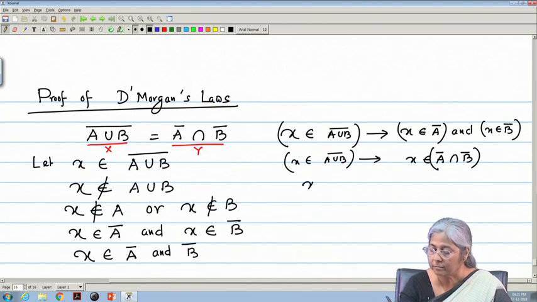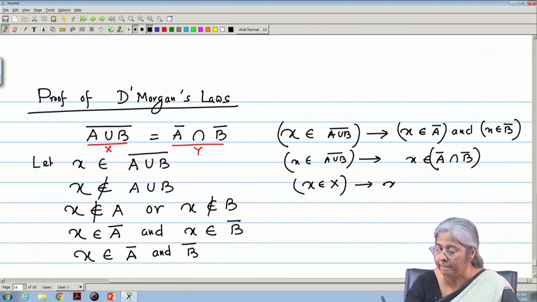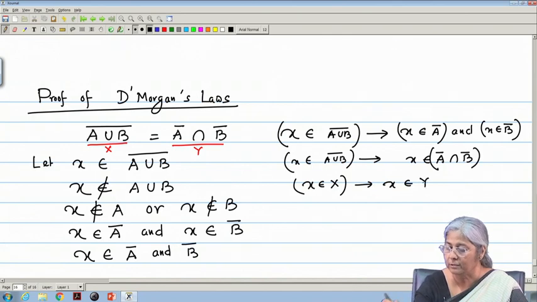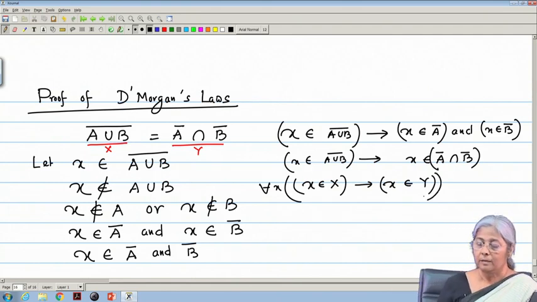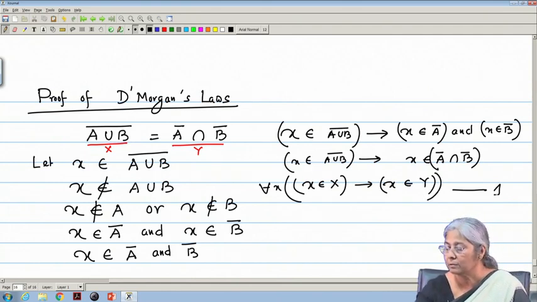Or the other way, x belongs to capital X, because this is my capital X, that implies x belongs to capital Y, and this is for all x we have done. So this is one.